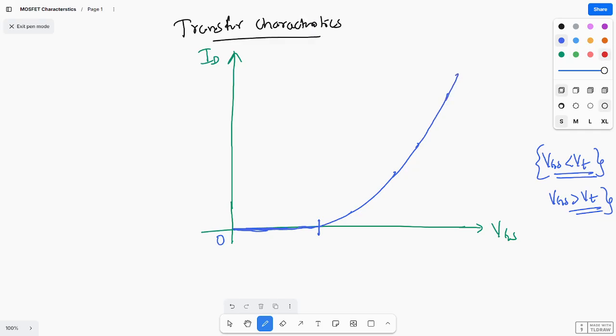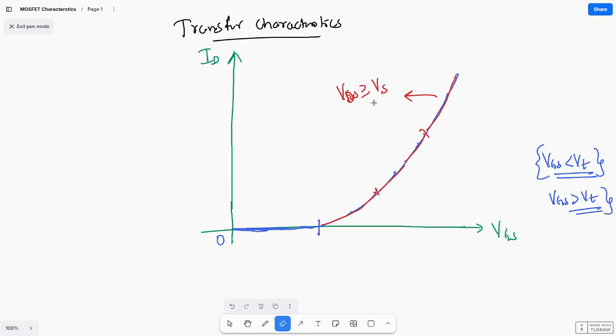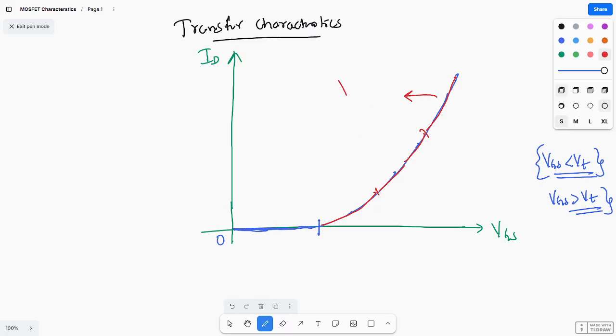Let us consider from here to here this is the linear region, from here to here the non-linear region, and from here to here the saturation region, where VDS is greater than or equal to VGS minus VT.